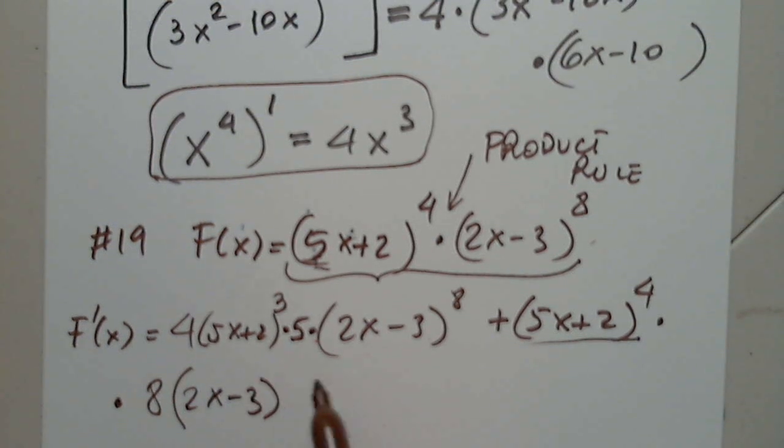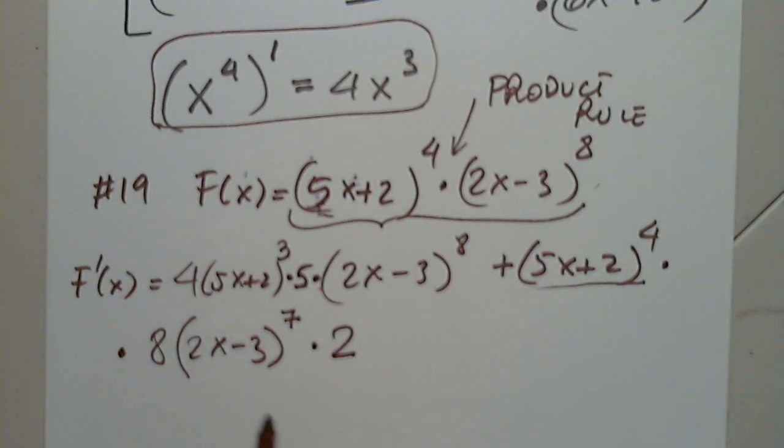Yes. To which power? 7. Excellent. Times the inner function prime. 2. Yes. Awesome. Great job. It is important to continue simplifying this. I just want to move on to other examples, but let's simplify it.